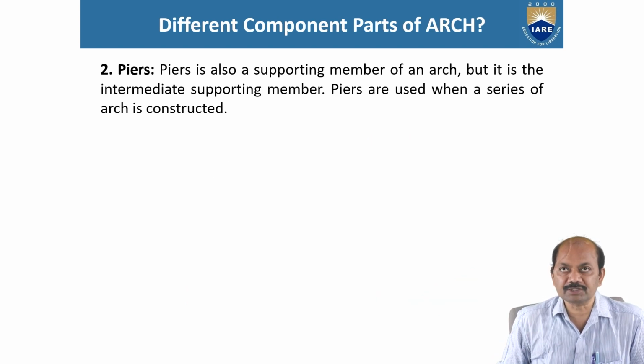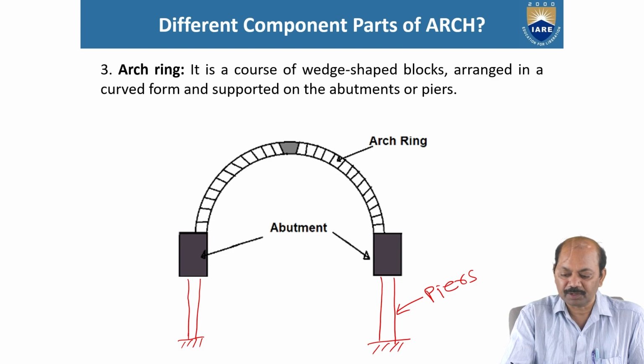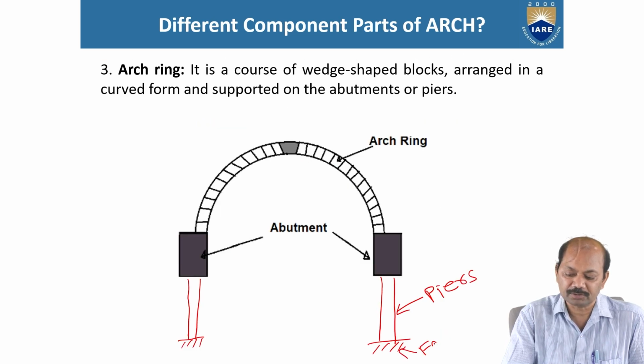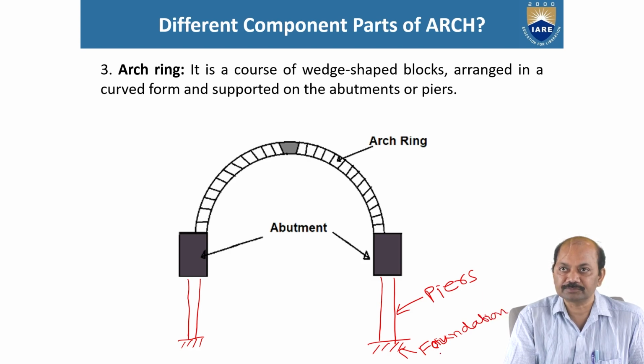Pier is also a supporting member of an arch, but it is the intermediate supporting member. Why is it an intermediate supporting member? Because here it is foundation. Sorry, this is substructure, foundation. Between foundation and abutments, piers are present.